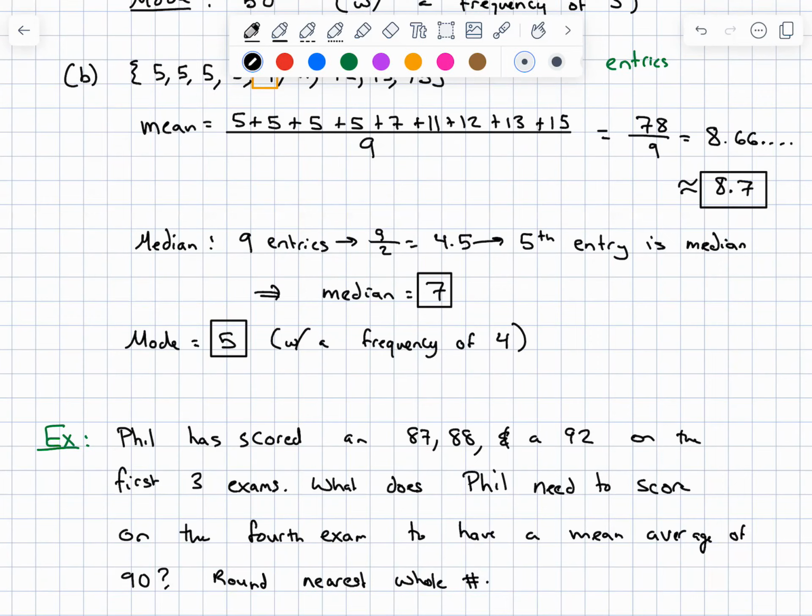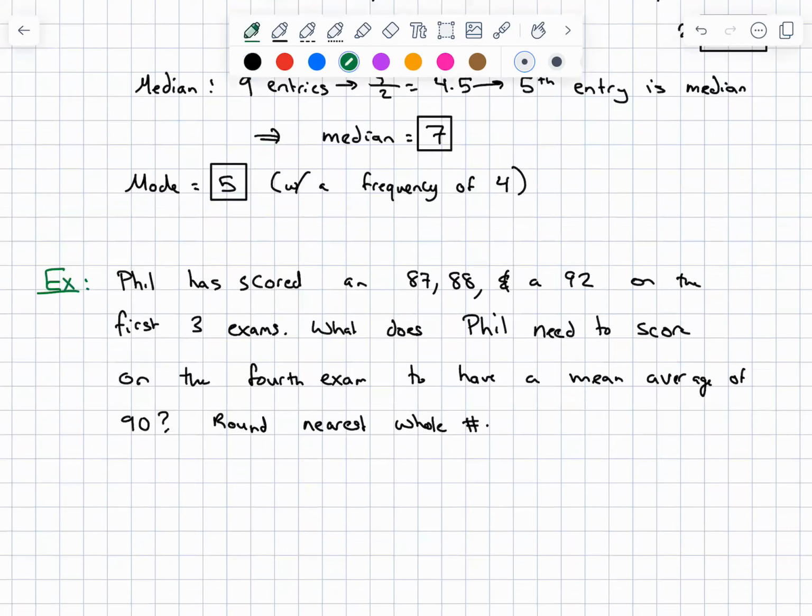So we have to ask ourselves, what are we trying to find? Well, we're trying to find the score on the fourth exam. We don't know it, so let's define it as an unknown variable. Let x equal Phil's fourth exam score.